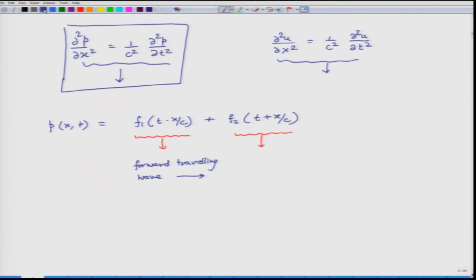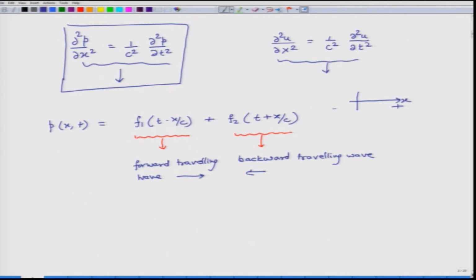So, this is a backward traveling wave. This is our positive x and this is our negative x.